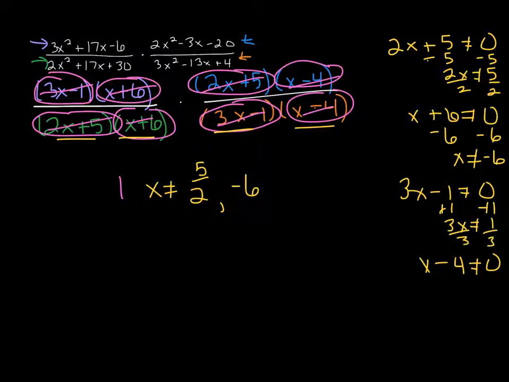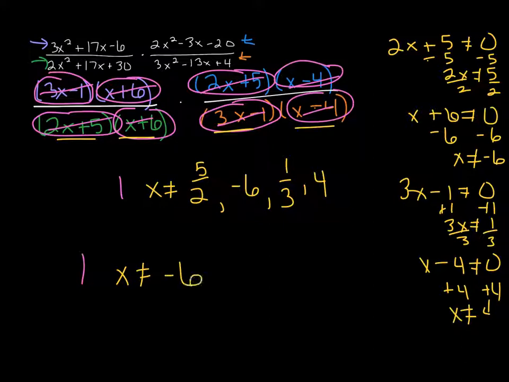So we have 1/3. And add 4. So x cannot equal 4. So if we were to put these in order, still have our 1 there, and then x cannot equal negative 6, 1/3, 5/2, or 4.